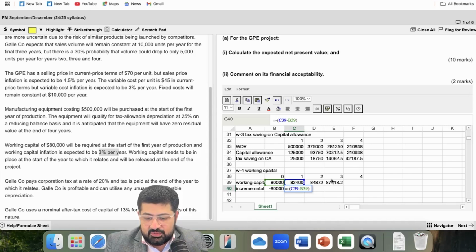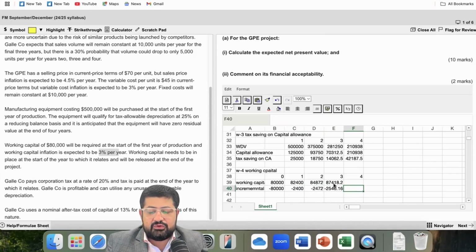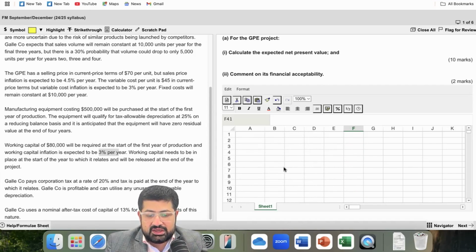So the difference between that will be the additional outflow. You see here, 80,000 is already an outflow in year 0. 82,400 total required in year 1. So the difference will be the additional outflow. Now, simply, here we are. So total outflow so far is 87,418. That will be the inflow in the final year, incremental working capital. So we have done all the workings.